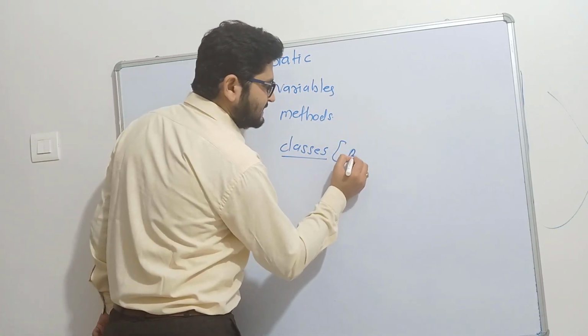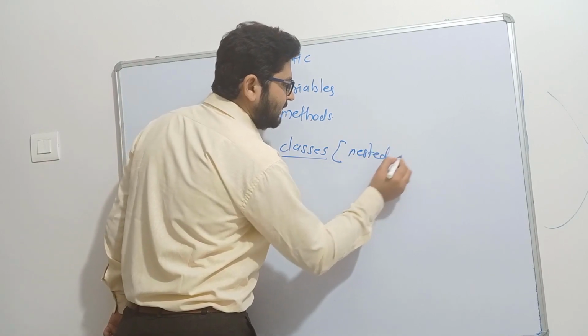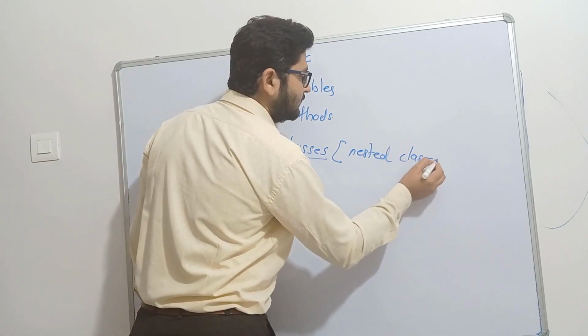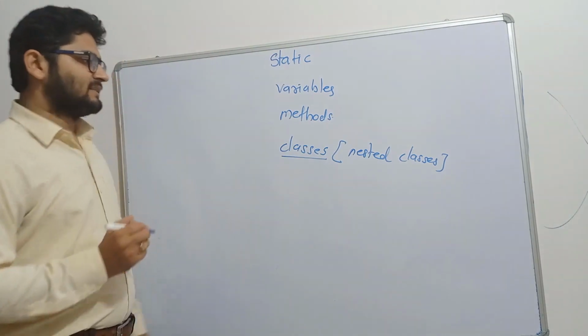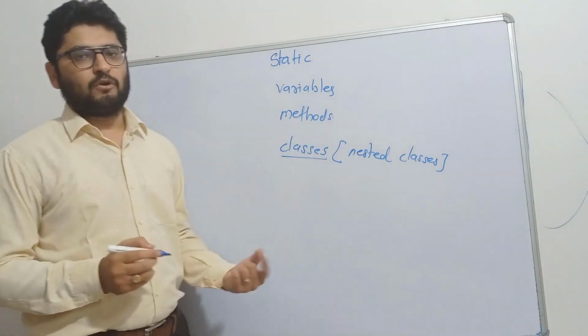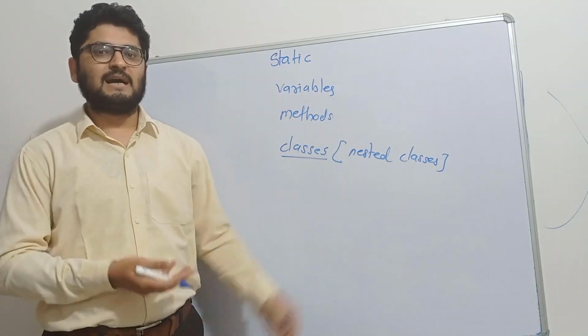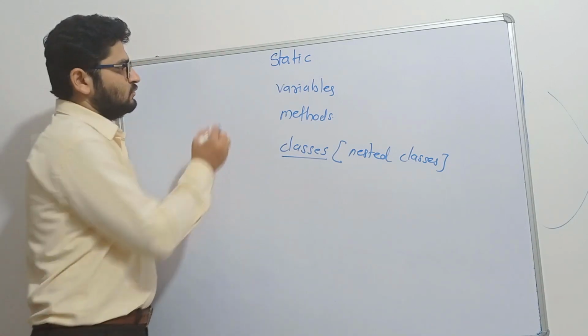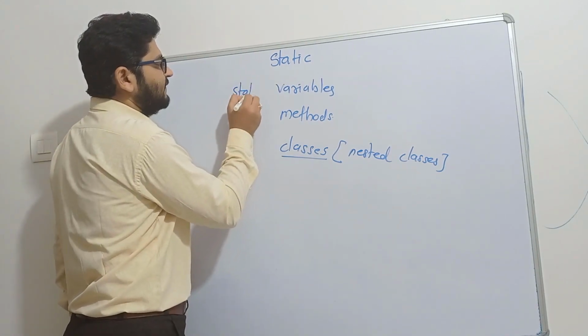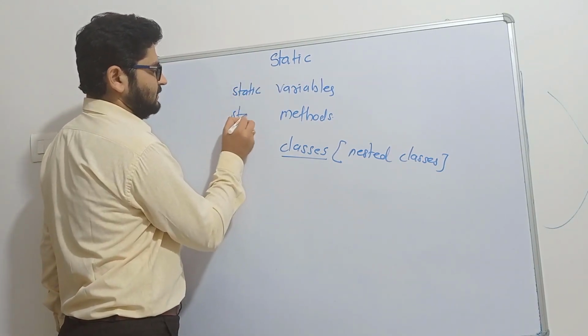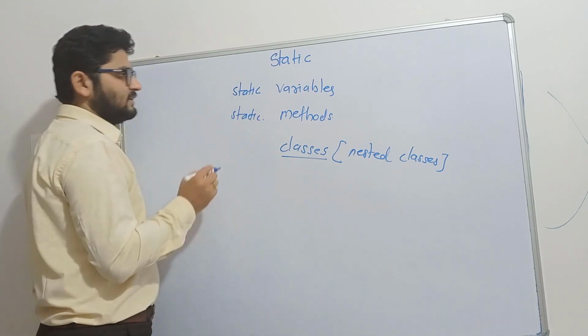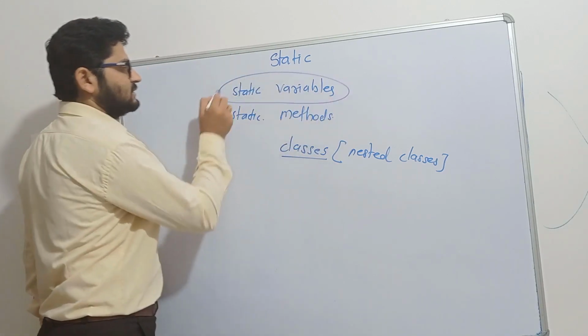Only nested classes can be declared as static, otherwise you cannot declare a top level class as static. So obviously we can have static variables and static methods. Now let us see what static variables are first.